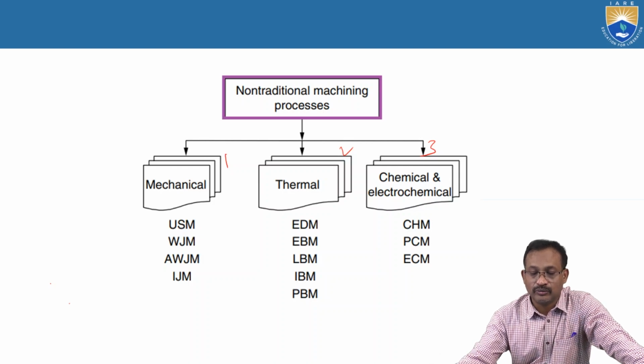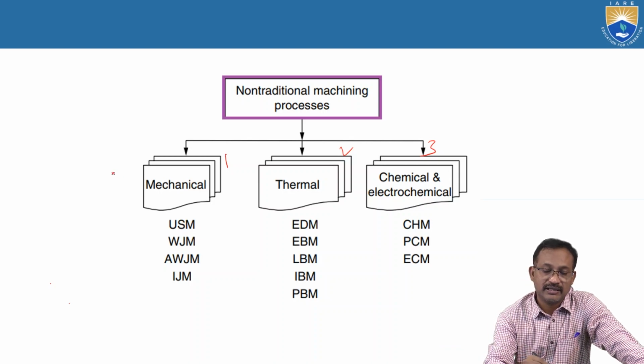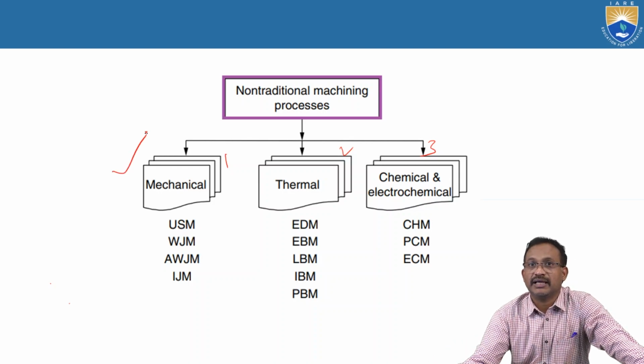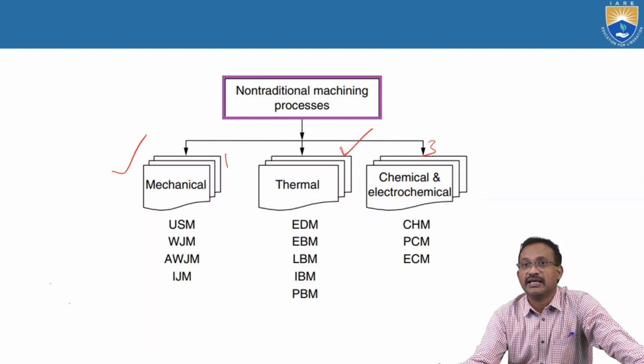Now let us come to thermal non-traditional machining processes. In the first one, because of mechanical forces, the material removal takes place. In thermal, because of the thermal effect, the material removal takes place.